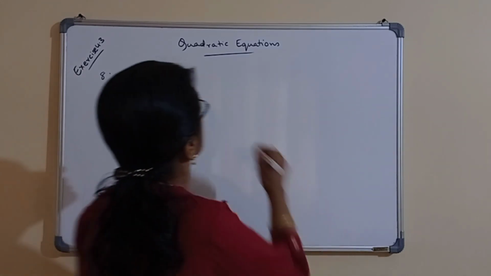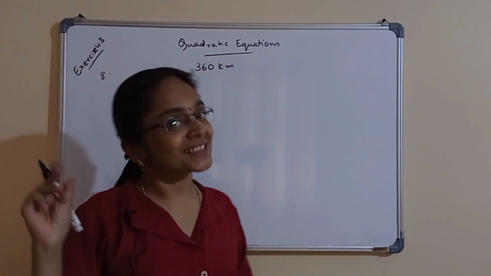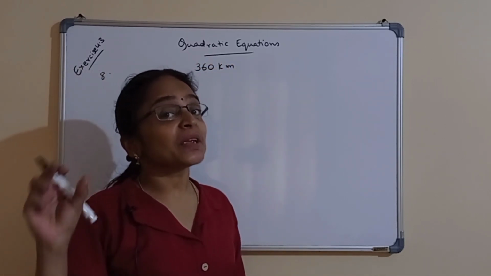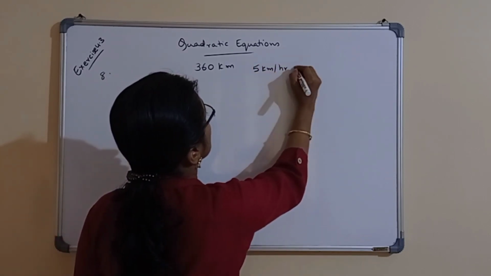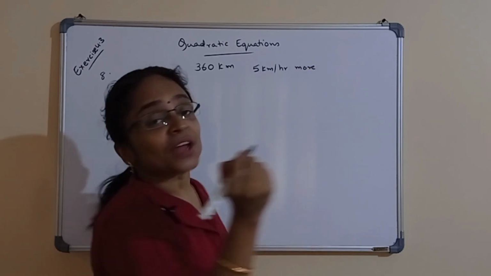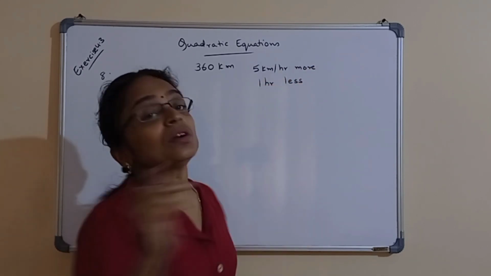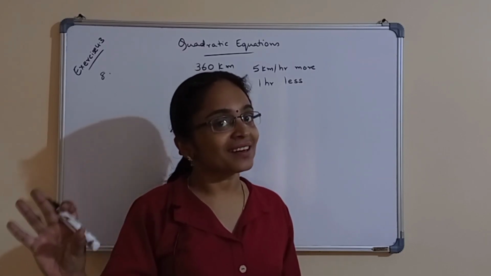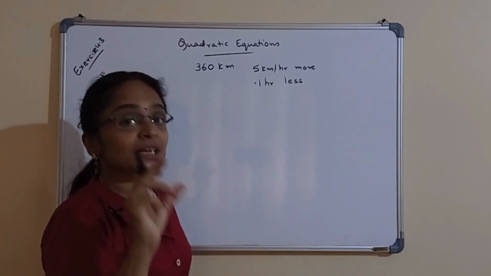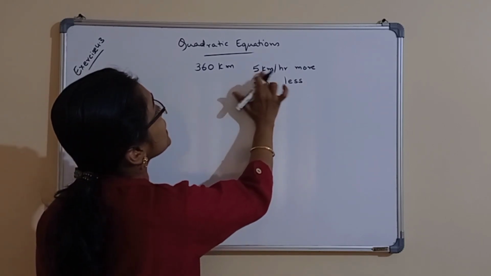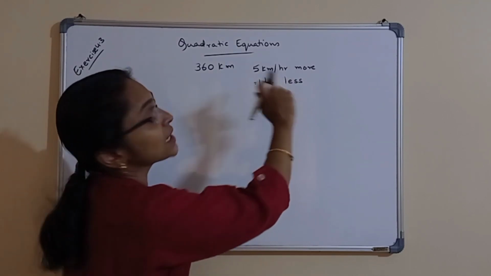So given that it travels 360 kilometers at a uniform speed, and if the speed had been 5 kilometers per hour more, then it would have taken 1 hour less.